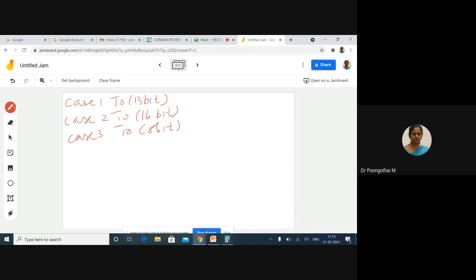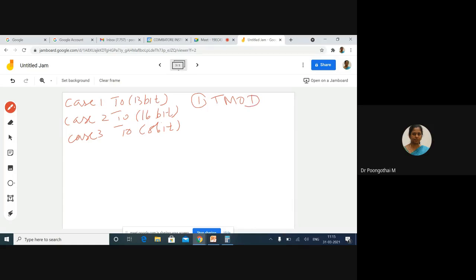So what is the first step? Please tell me how to program your timer in different modes. We have discussed many programs. First, we have to find out the T mod value. Please note down the steps.